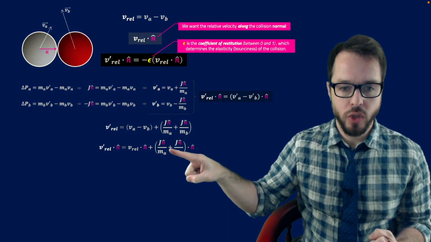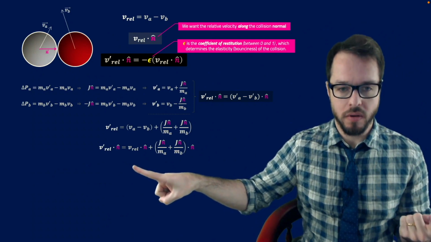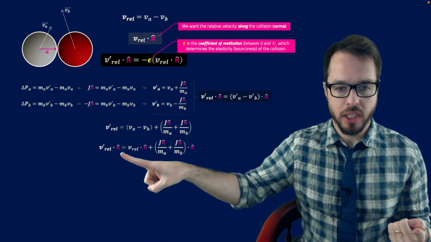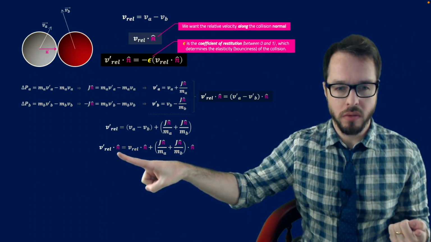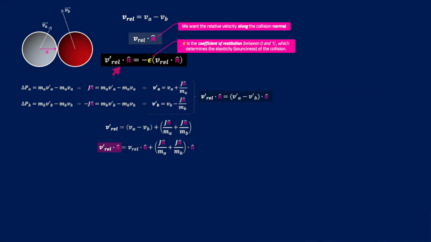And also, do you see how I have that thing that is called V new rel dot product n? The new relative velocity dot product n, we know that we have to take into account this thing right here. So let's plug the coefficient of restitution here as well.